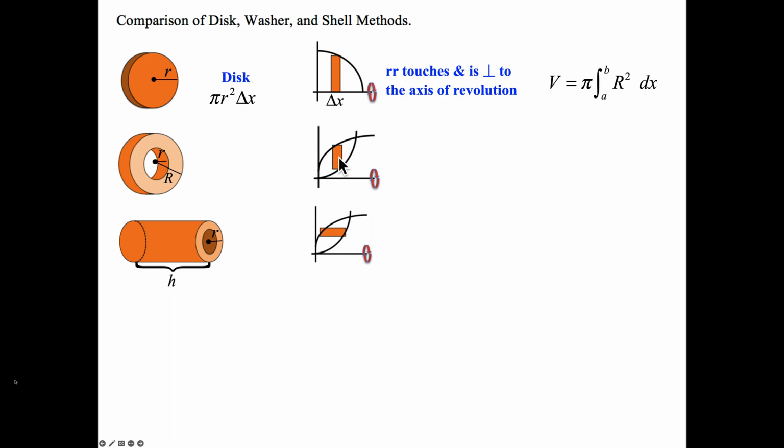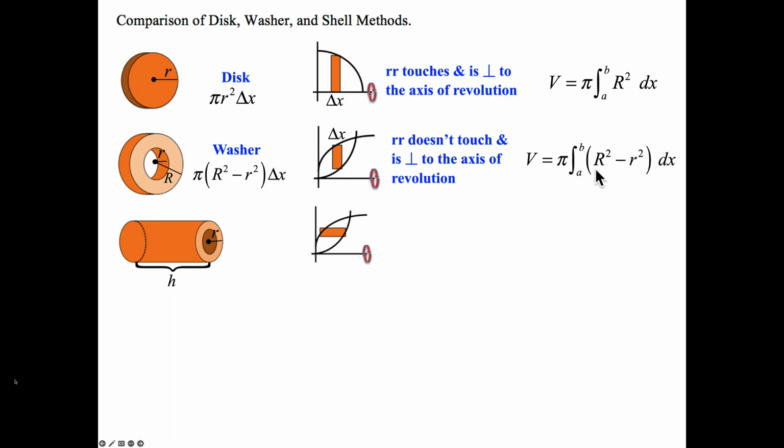We usually have 2 curves here. Remember it's capital R squared minus little r squared, then times the pi. We're still perpendicular to the axis of revolution. There's my integral. And again, we can switch these out if we had a vertical axis of revolution, revolving them all around the x.